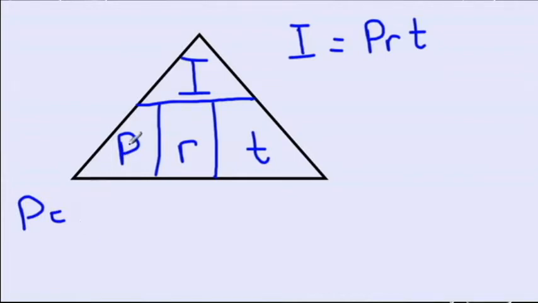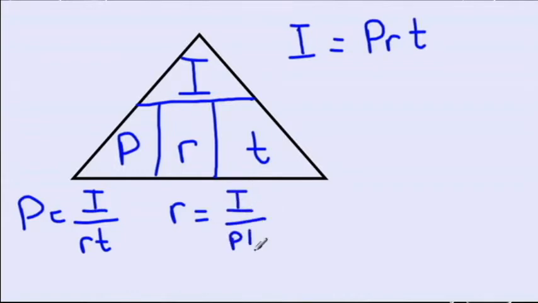Well, if we covered up the P here, we would be left with I divided by R times T. If we wanted to solve for R, let's just pretend this R is covered up. So we would have I divided by P times T. And if we wanted to solve for T, we could cover that up, and we have I divided by P times R.